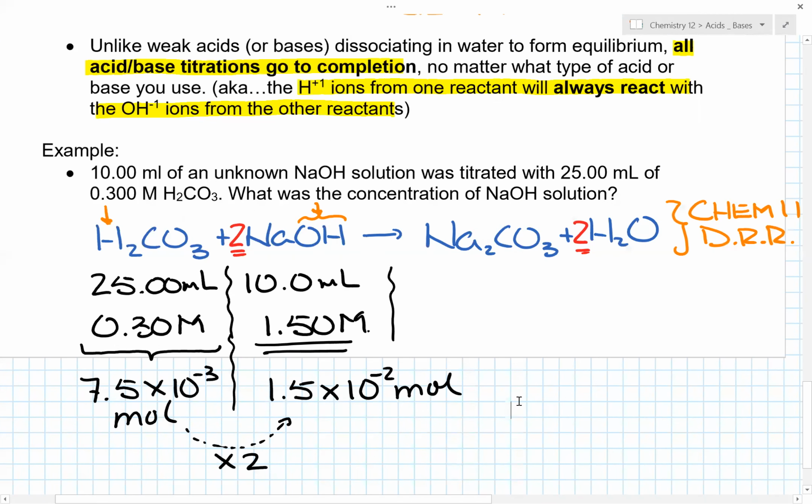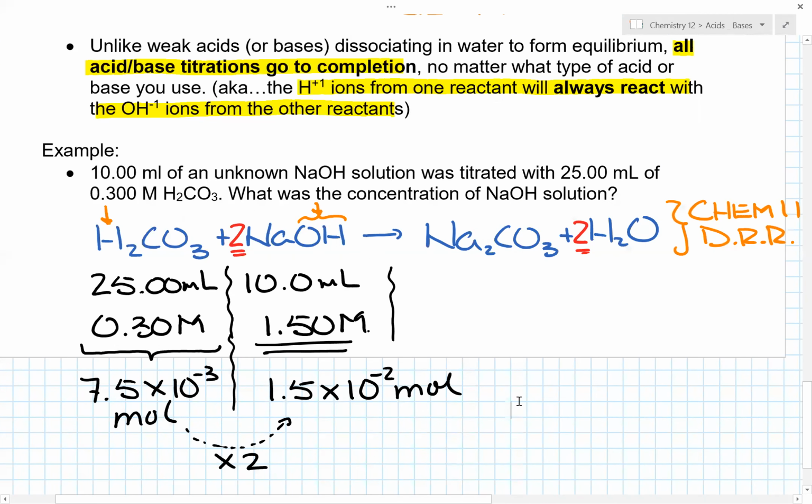Now, when we talk about titrations, how would it look? So this would be a typical titration. What you would do is add a certain amount of your acid solution using something called a pipette.